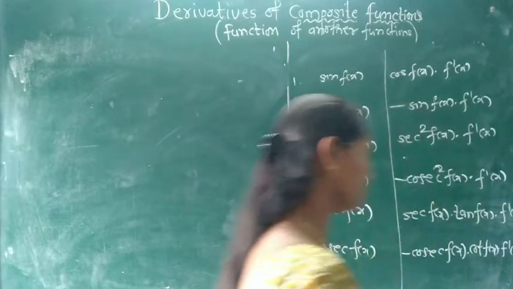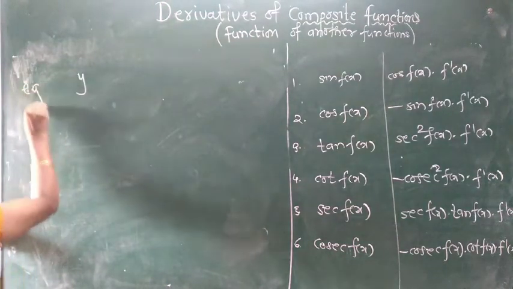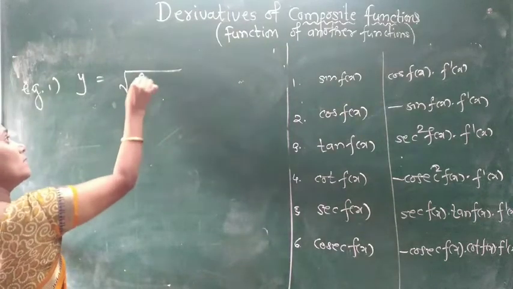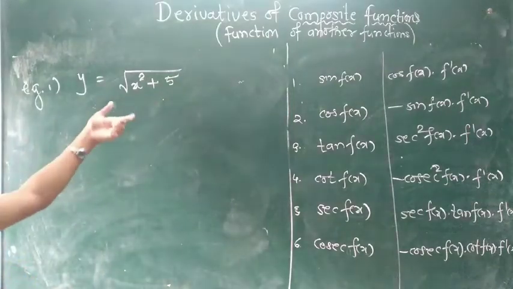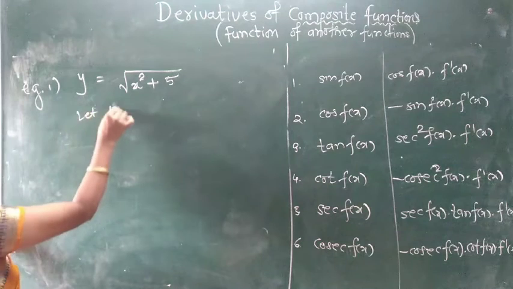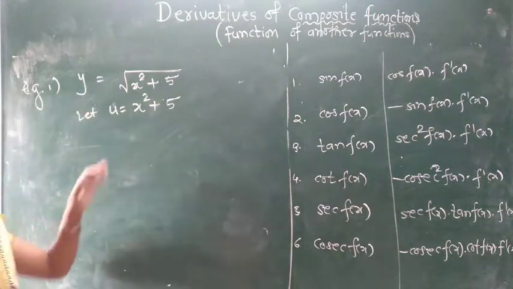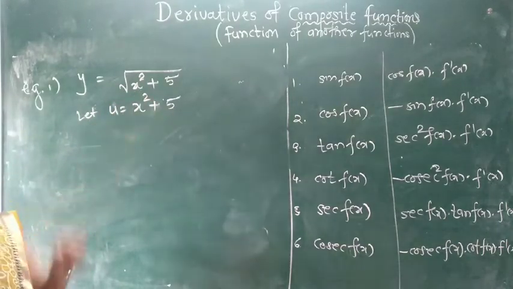So we will take an example. y is equal to root of x square plus 5, under root x square plus 5. We have to differentiate this function. So first let u is equal to x square plus 5.